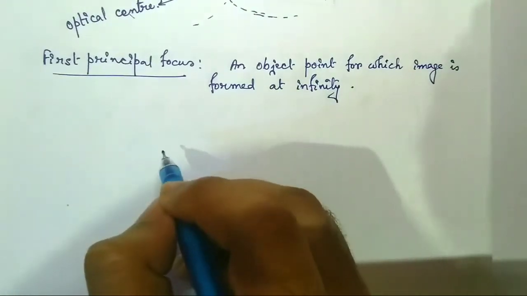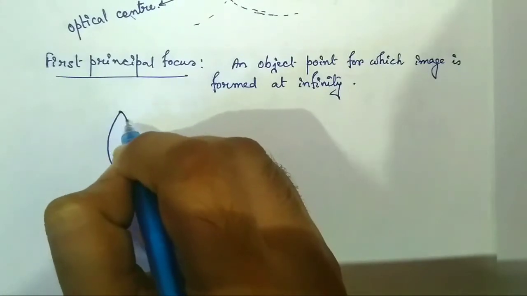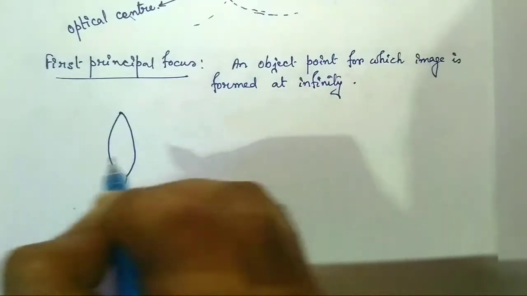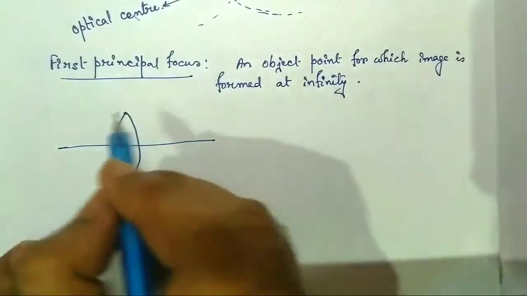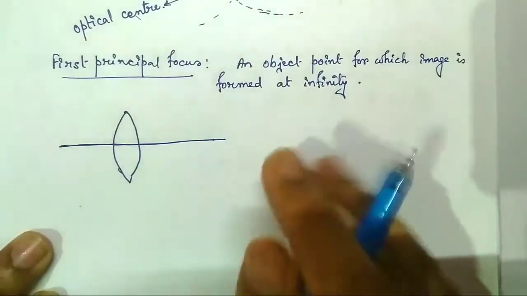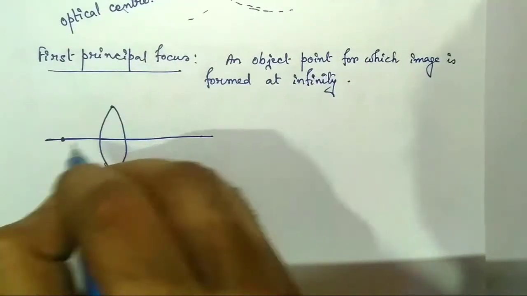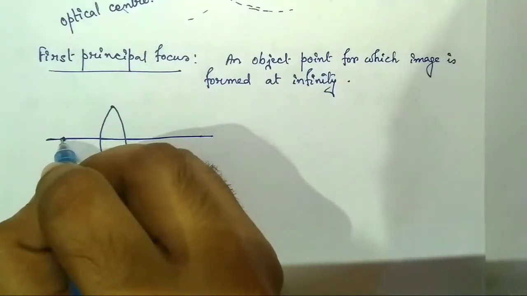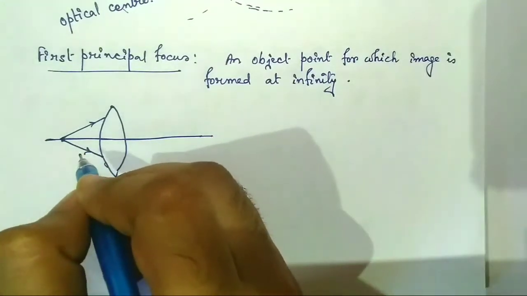Okay. Now, suppose there is a biconvex lens. This is the principal axis. Here is my object. Light rays emit and are incident on the lens.